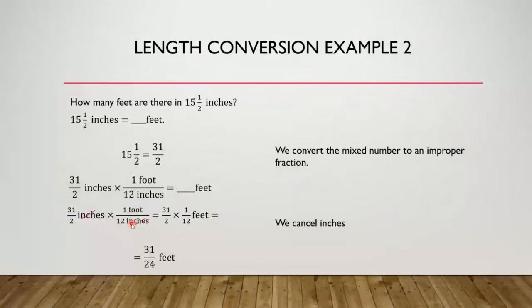Okay, so those cancel. So we're going to end up with 31 over 2 times 1 over 12, right? We multiply those, and this is what you get. I don't know what that is as a decimal. I didn't convert it, but that should be fine. Okay. Any questions on this one?